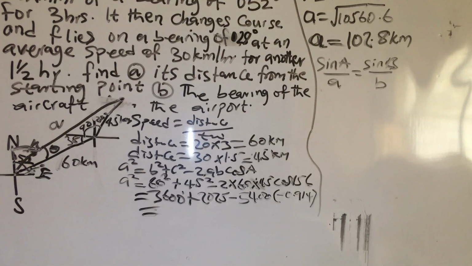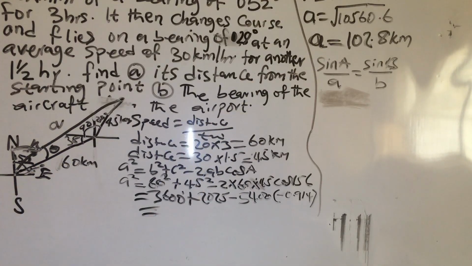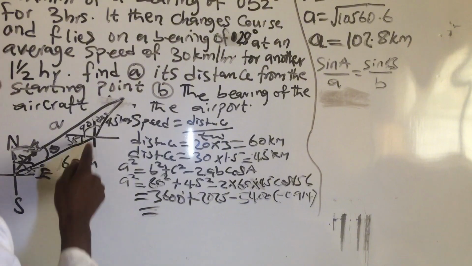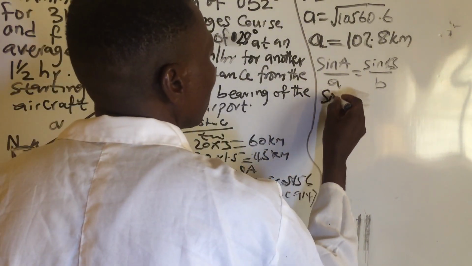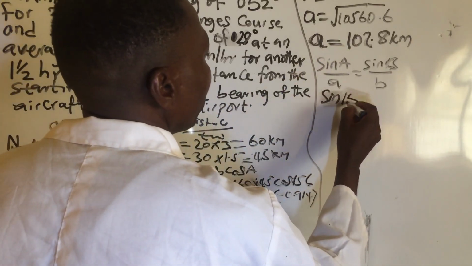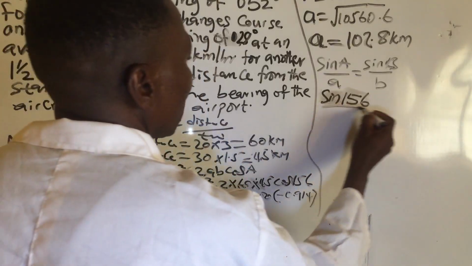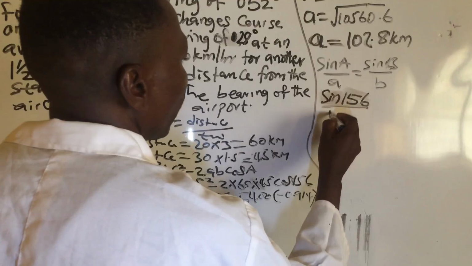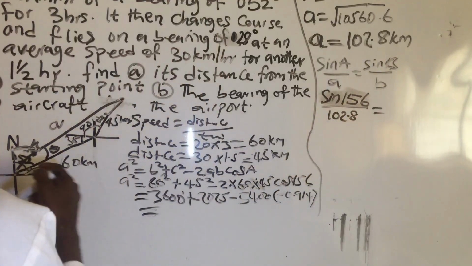Sine A is the angle here, which is 156, over the side we have calculated to be 102.8, equals sine B, which is the one we are looking for.